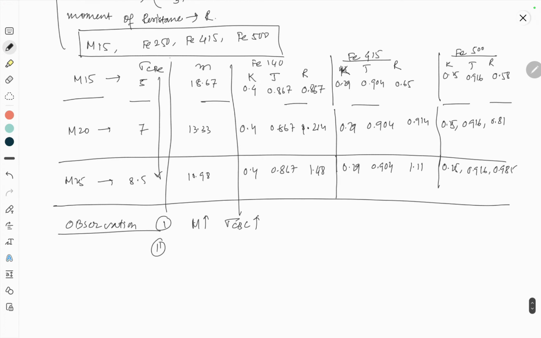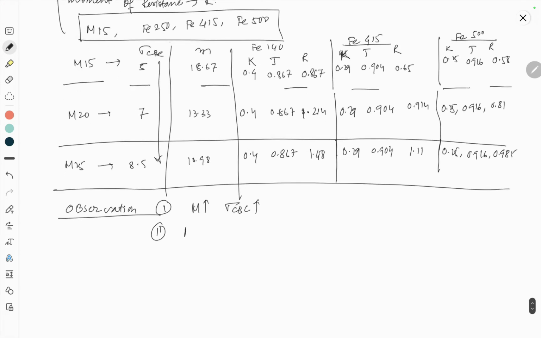Number 2, if the grade of concrete increases, the modular ratio decreases, that means the m value decreases.